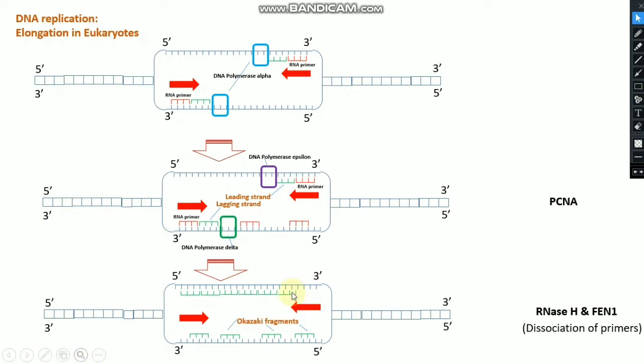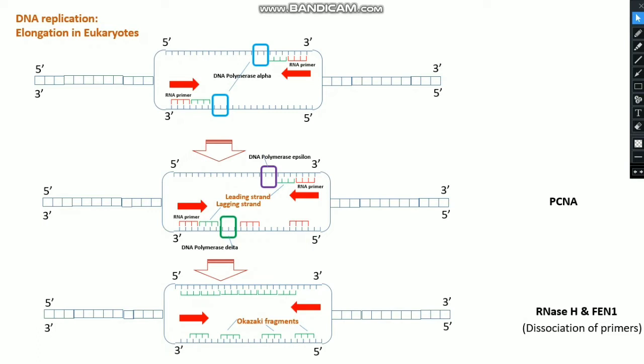So that is why RNase H and FEN1, these two enzymes, remove the RNA primer. RNase H first detects the RNA-DNA duplex, or RNA-DNA hybrid, and then it degrades the RNA along with some ribonucleotides.